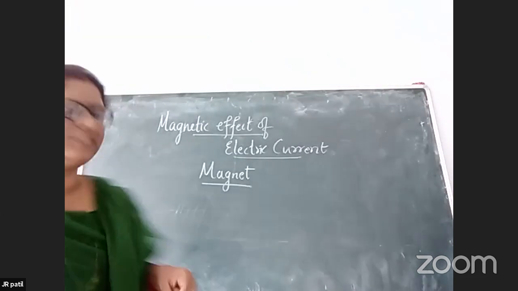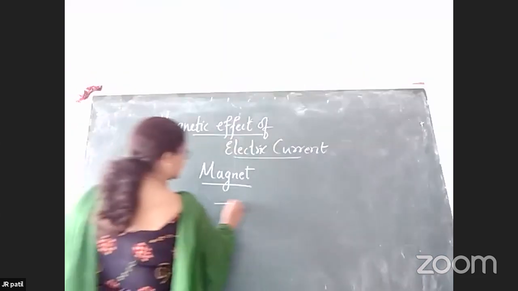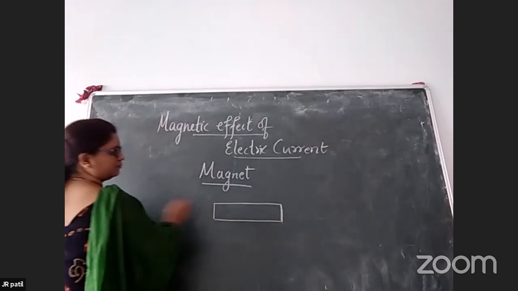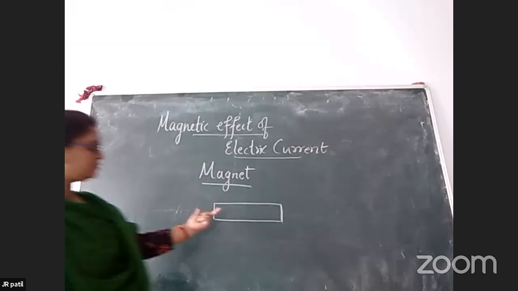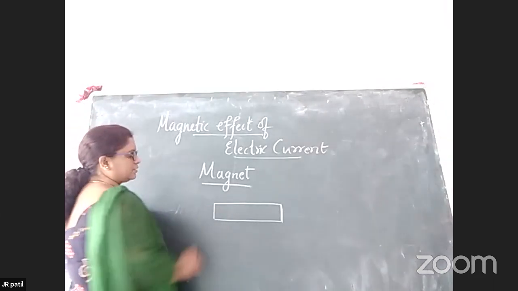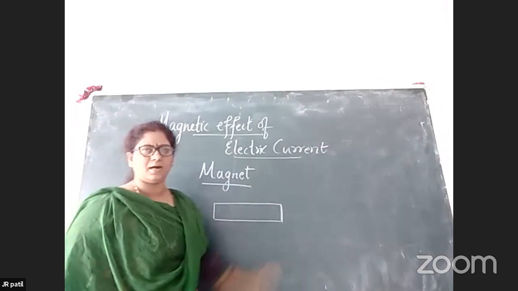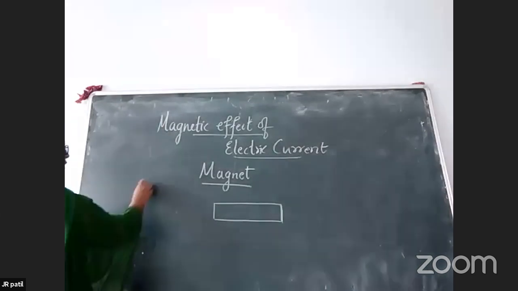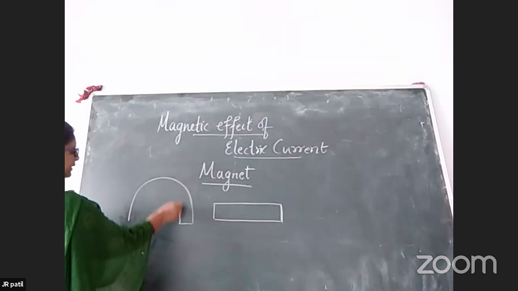I think you have seen bar magnets like this, painted red. The shape is like a bar, so it is called a bar magnet. Here is another magnet called the horseshoe magnet.